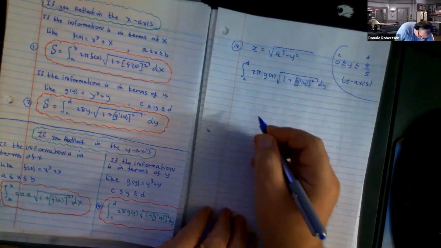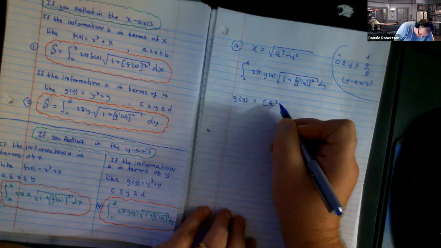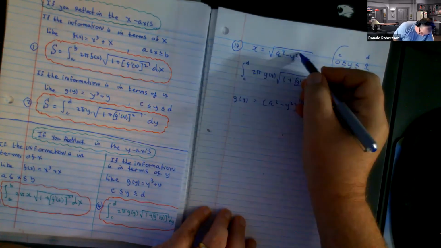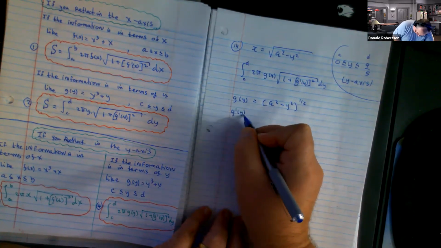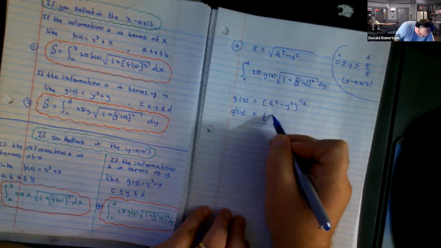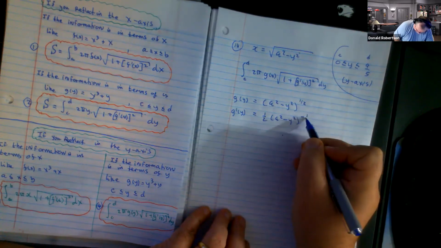Okay, so g of y is going to be rewritten as a fractional power. So that guy is going to be written as this. That's going to make it a little bit easier to differentiate. So I can multiply by the power, and then I reduce the power by 1.